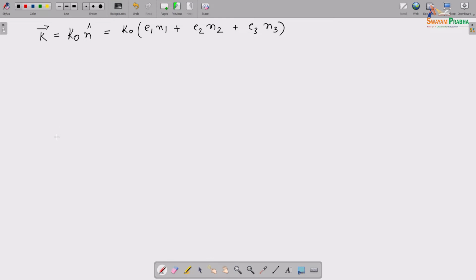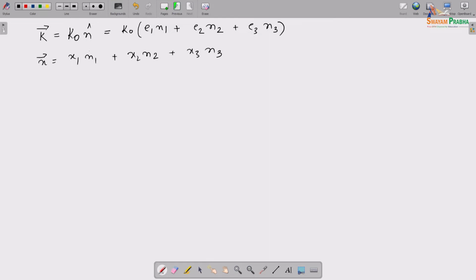Then you see x is equal to, is that fine?